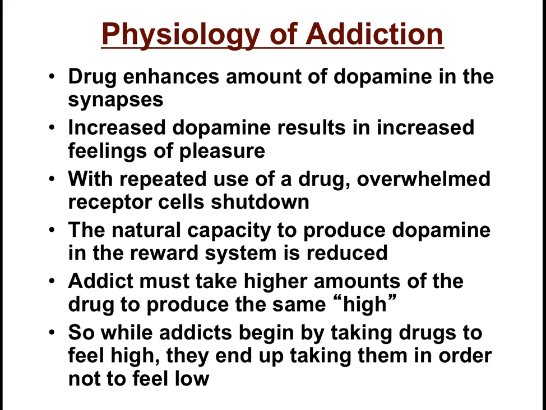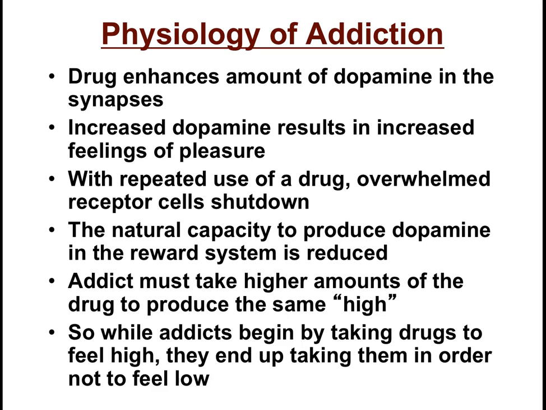Now, physiologically, what's happening with addiction is that the dopamine system is being affected in one of those 3 ways, as illustrated before, and the receptor sites in your brain are becoming full of dopamine. It's overwhelming the ability to receive all of them, and you get this feeling of high that lasts for a while.